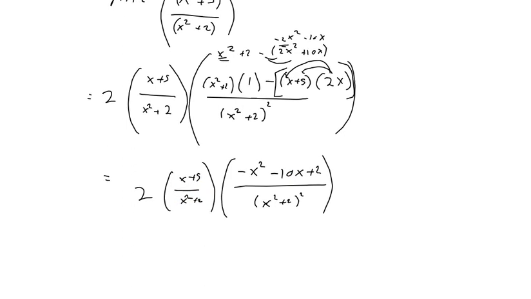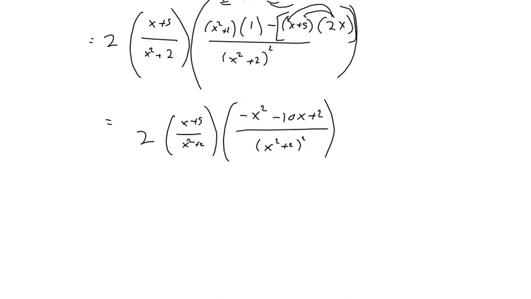What would that be? So I have a 2 on the top. What would happen if I multiply the bottom parts and the top parts together? I mean, it's just a fraction. It's just like multiplying fractions, right? To multiply fractions, you multiply the top parts of the fraction and you multiply the bottom parts of the fraction.